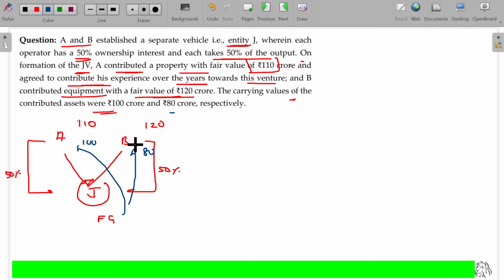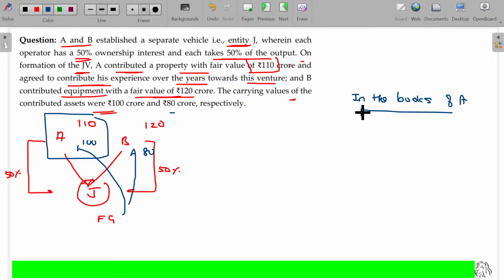Now for A, how do I recognize? In the books of A, we have to find out A's gain.